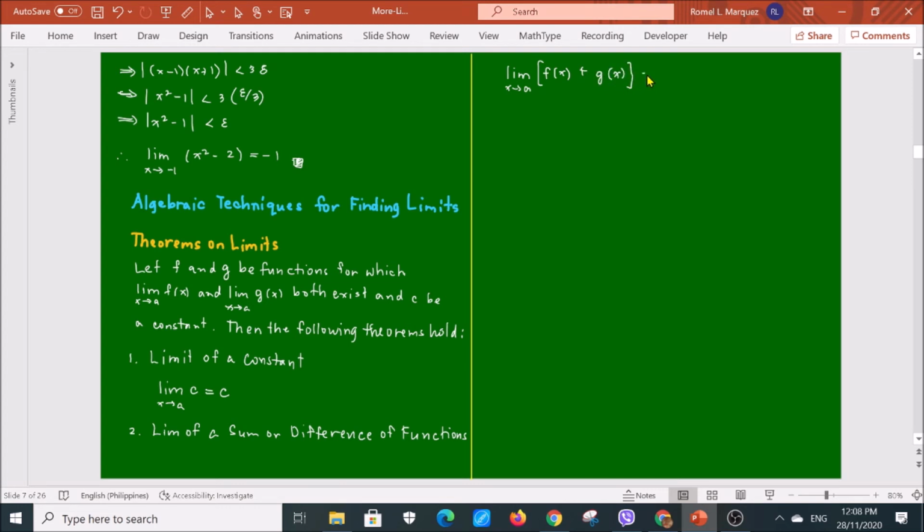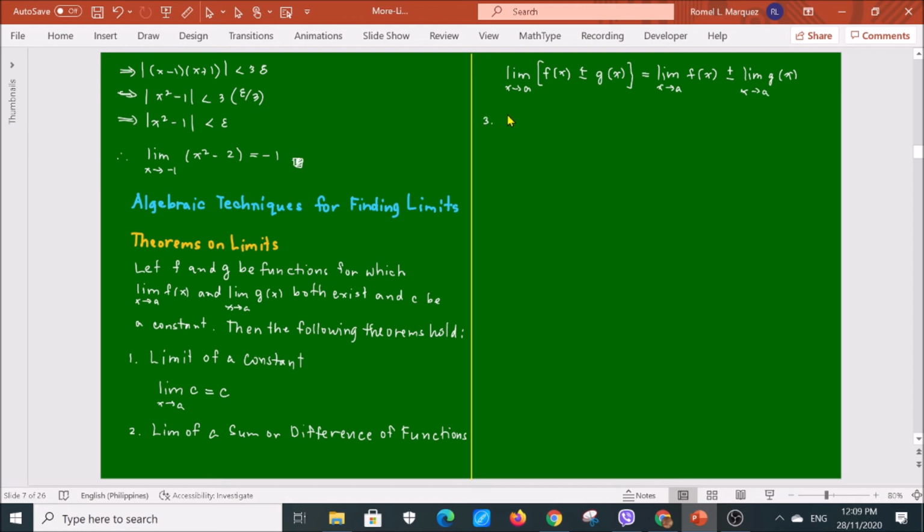That is equal to the limit of the first function plus the limit of the second function. You can get the limits individually of the terms, no? So that's what the theorem is saying. If it is a difference, then you just get the difference of their limits. So the limit of a sum or difference is equal to the sum or difference of their limits.